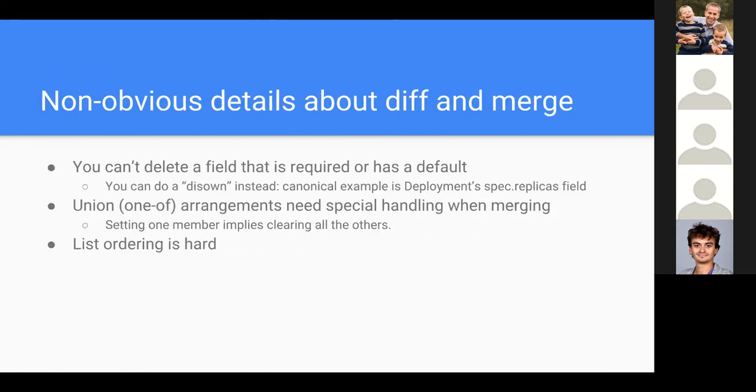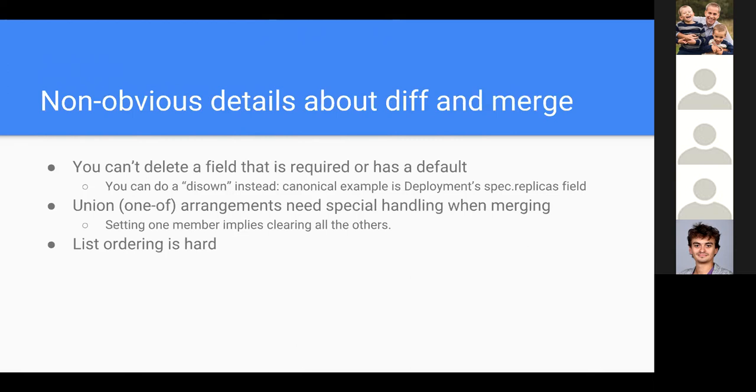Some non-obvious details, and I put these here because they're controversial. So just to make sure that everybody sees the controversy, you cannot delete a field that is required or has a default. The delete operation simply doesn't make sense. If you delete the replicas field in your deployment, you do not get 0 replicas, you get 1 replica.